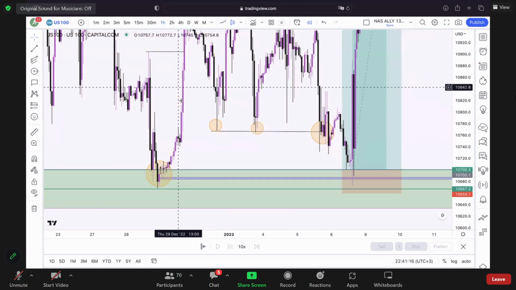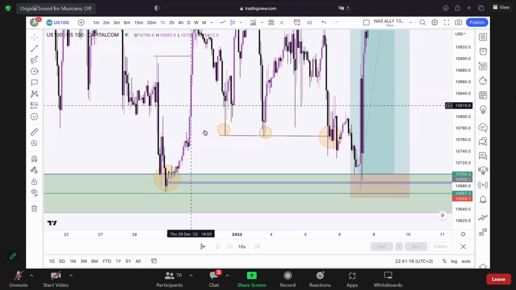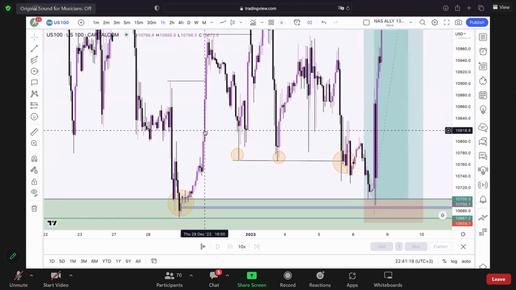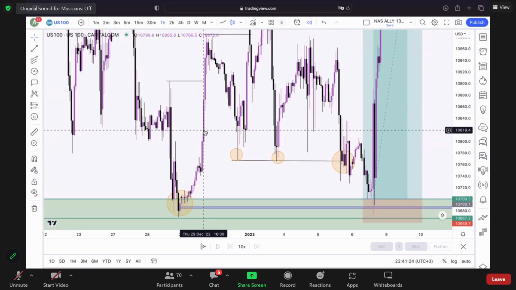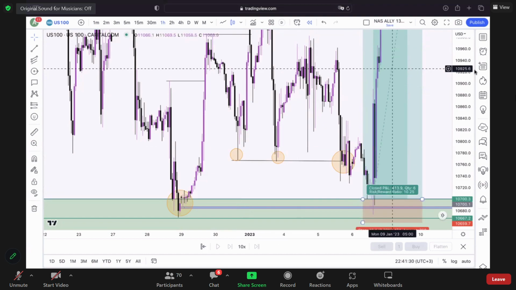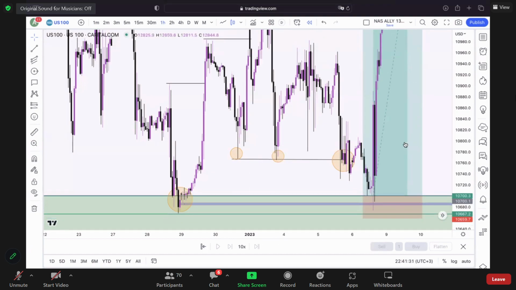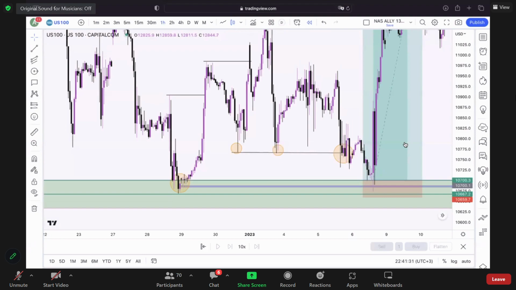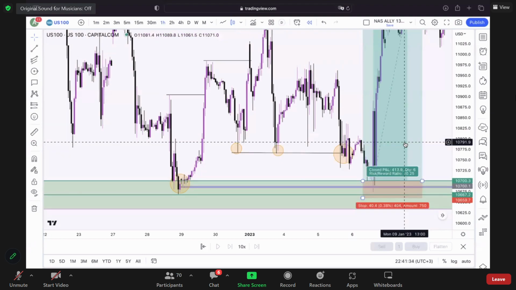Yes, I would say there's an imbalance there, but they mitigated that imbalance and then went up. But they failed to go higher. They failed to take out the highs. So they keep on leaving imbalances and filling them up, but left that one. Even though they keep on mitigating all those imbalances, would you say they'll still come back to the one that they haven't mitigated?